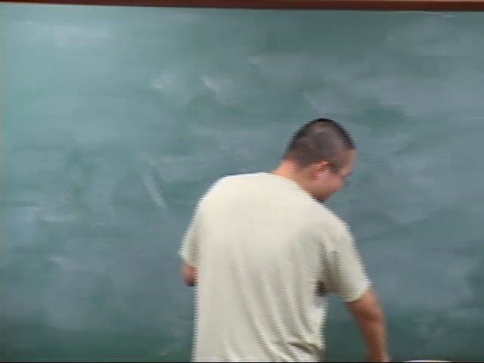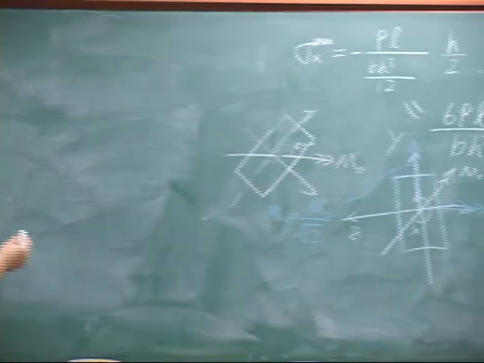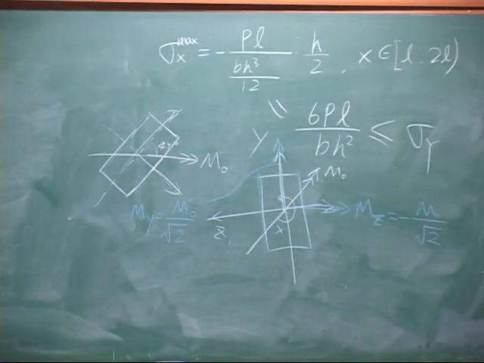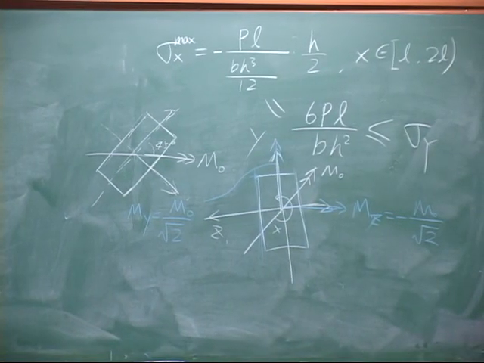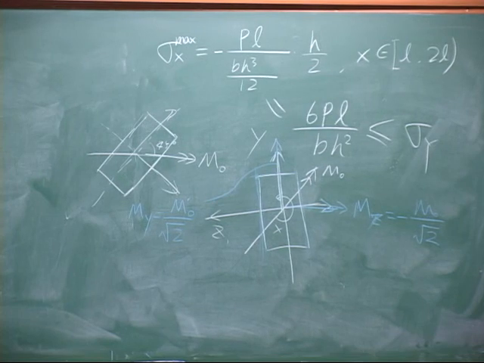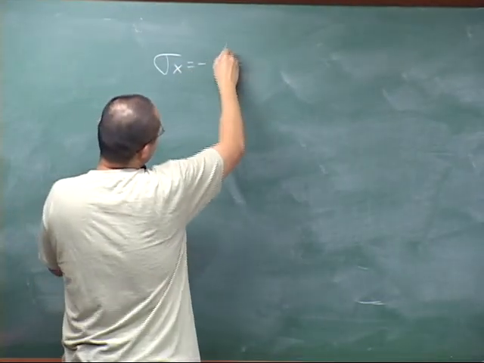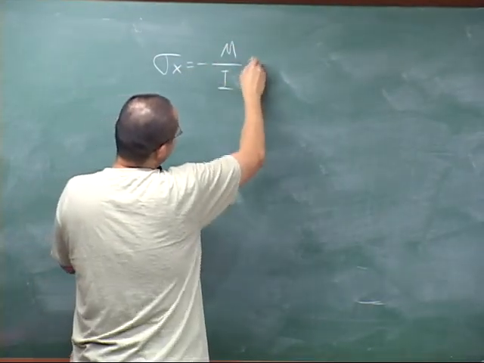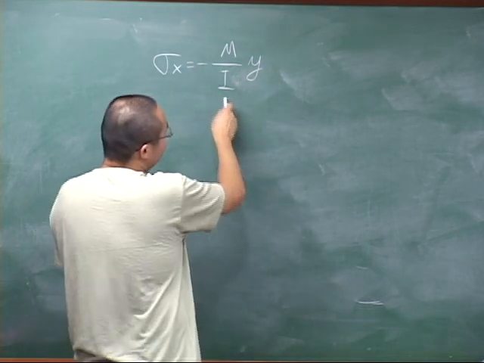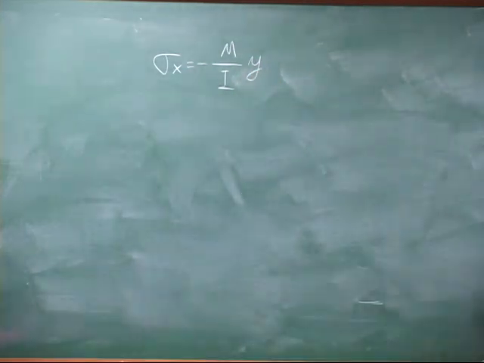Another thing I want to mention here is that when you calculate the bending stress, do not simply use the formula sigma x equal to minus m divided by I times y. This is only valid for this y direction.